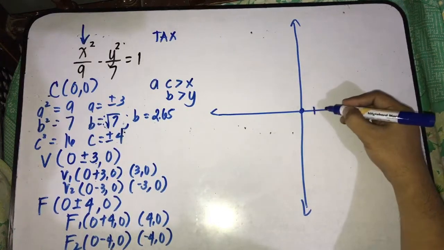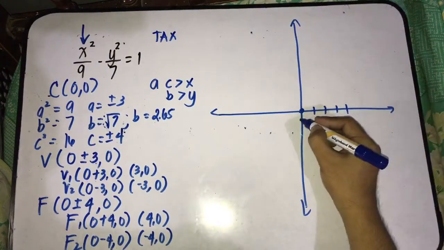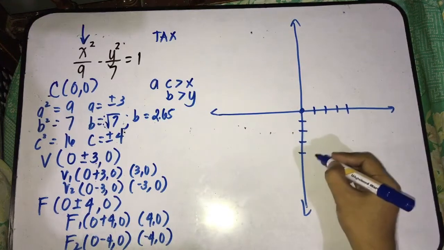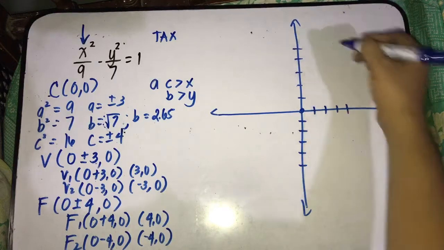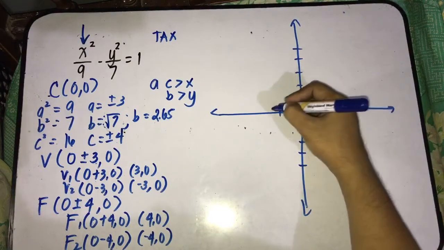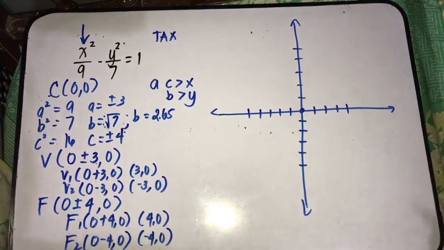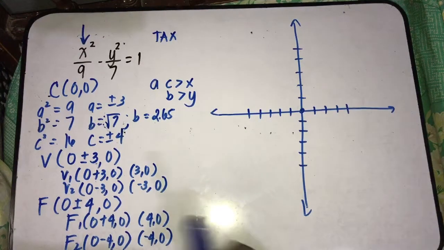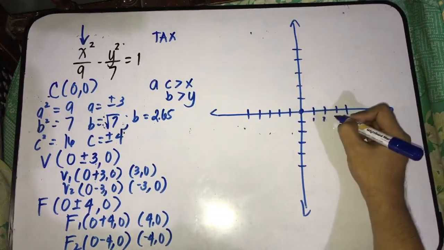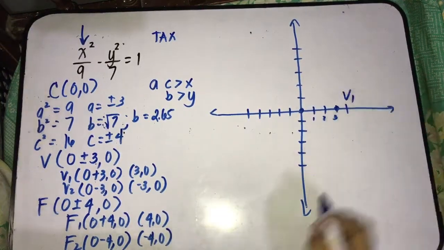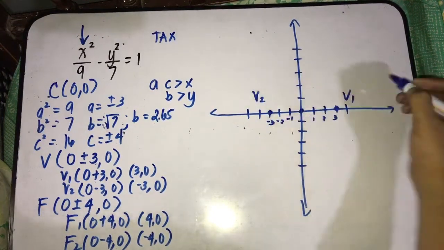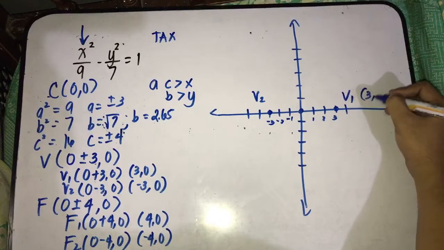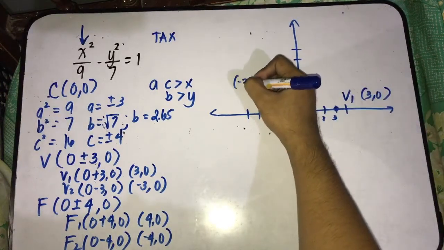So let us first graph this one. The center is located at the origin. And we now have the points of the vertices and the foci. For the vertices, we have 3 and 0, that is V1, and V2 is negative 3, 0.